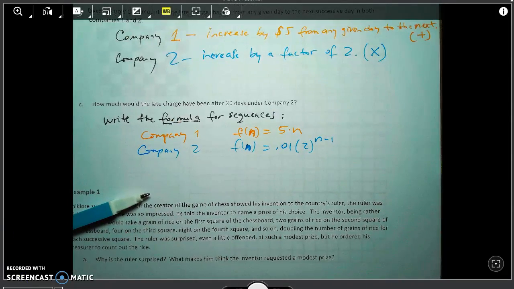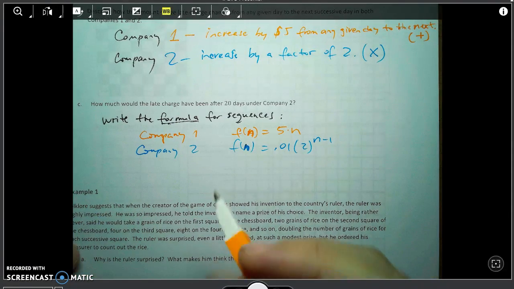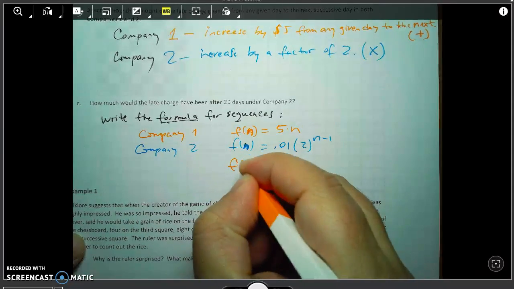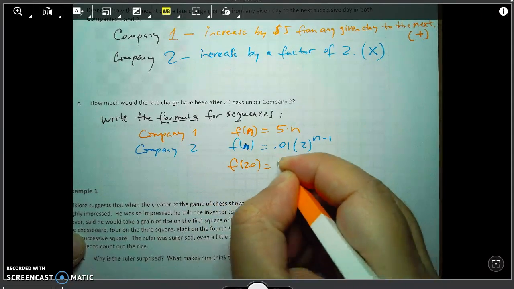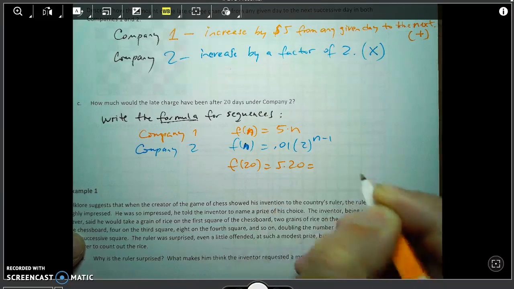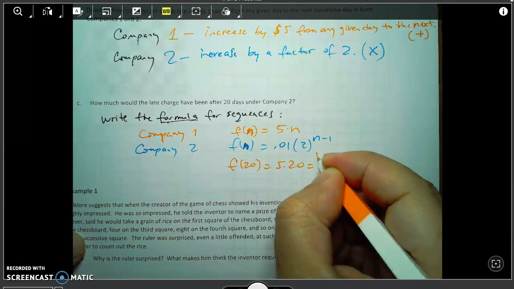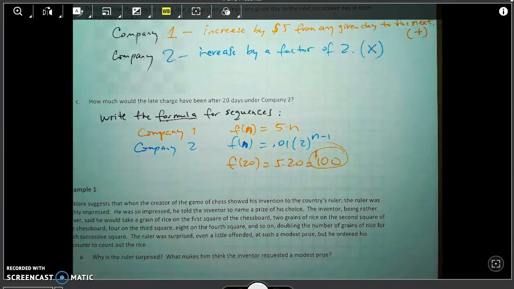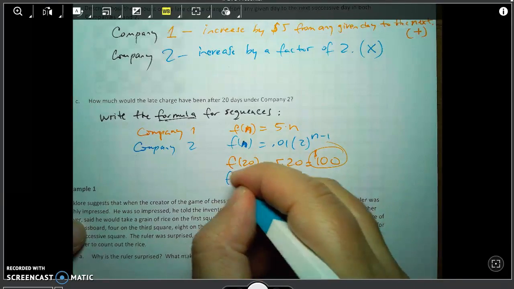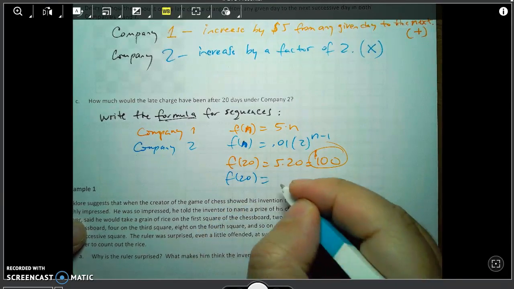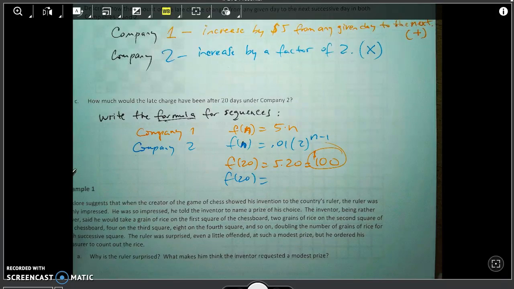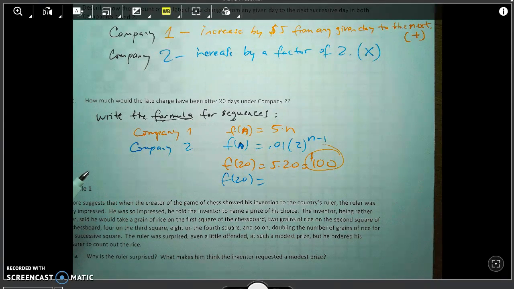So going back to question D, these are the two formulas that we're going to use. All we have to do is plug in f of 20, and I realized that 5 times 20 is 100. So $100 for company 1. Then for company 2, I also have f of 20, so that will be 0.01 times 2 raised to the 19th power.